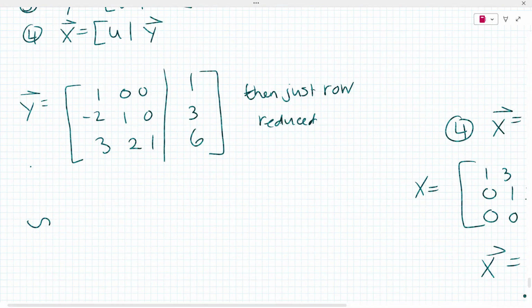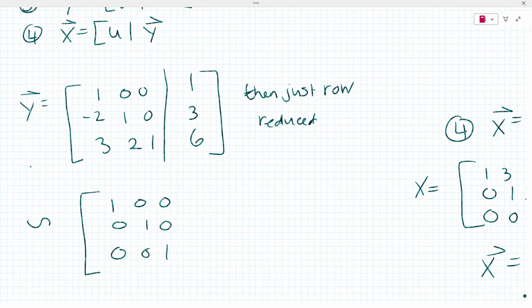And when you do that, you get that this vector y is 1, 5, negative 7.